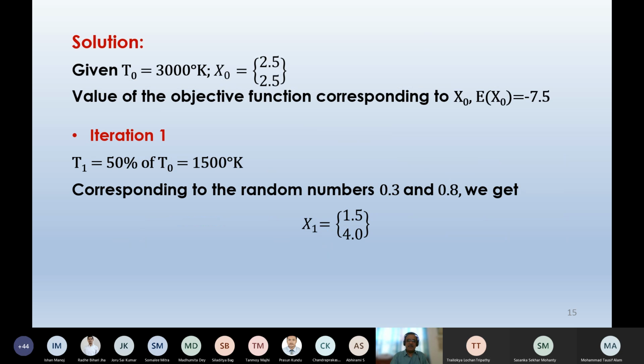So 5.0 multiplied by 0.3 is 1.5, and the minimum value is 0. So 0 plus 1.5 is 1.5. Similarly, corresponding to 0.8, you can find out this is equal to 4.0. That is 0.8 multiplied by 5.0 minus 0.0, which is nothing but 4.0. So corresponding to the random numbers 0.3 and 0.8, we get x1 as 1.5 and 4.0.